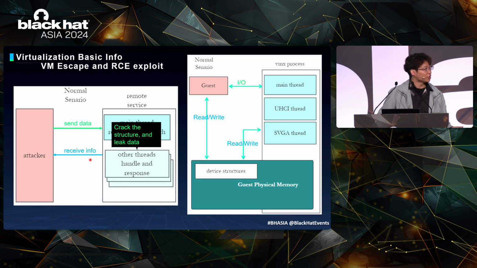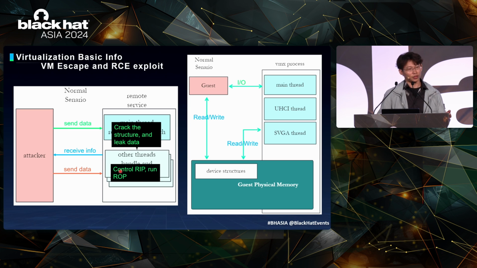Then it sends another data to the server and controls the server process RIP, then runs ROP to get code execution. For virtualization escape, the main difference is that our transmission of messages is facilitated through the guest's physical memory and I/O operations. So to complete a virtualization escape, arbitrary address read and write are often required.